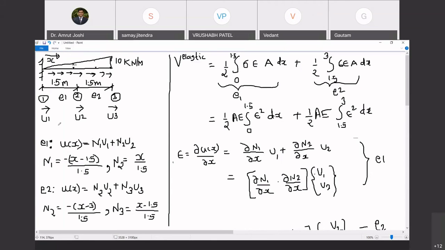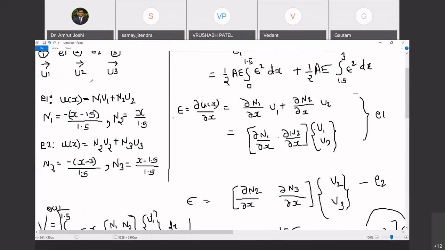We then wrote the expression for elastic potential energy, that is the strain energy stored in the first element plus the strain energy stored in the second element. We also wrote the expressions for external potential energy associated with external forces by adding the potential energies of external forces for element number 1 and element number 2. Do you agree with me?